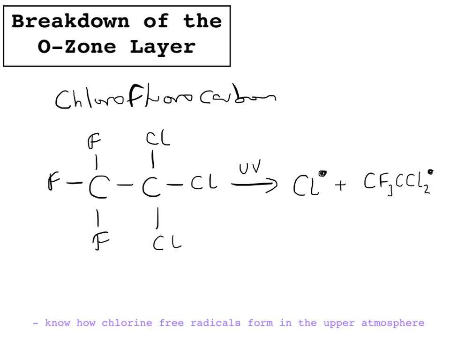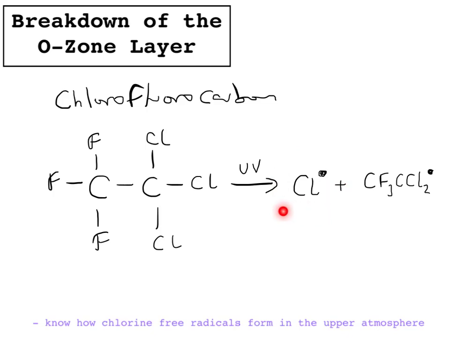So basically, this bond here, or this one, doesn't matter which one was chosen, but this bond here is broken by the UV light to create a chlorine free radical. Now, if you don't know what a free radical is, then watch my free radical substitution video.